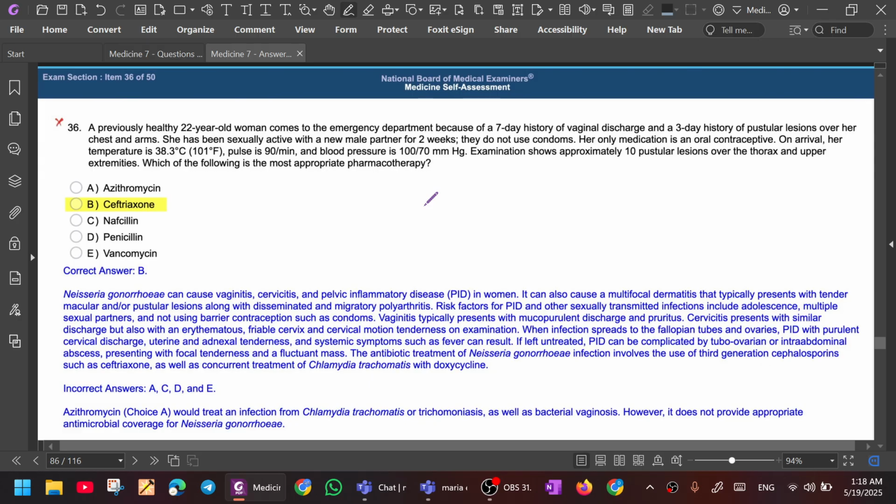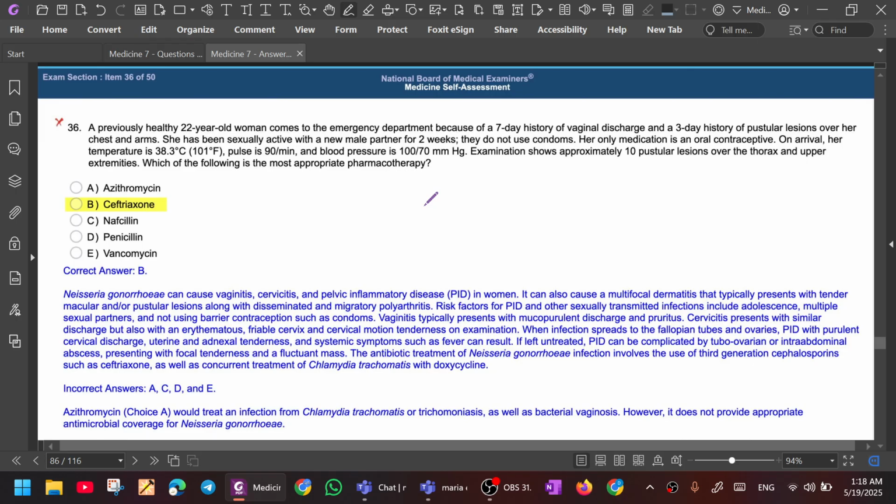If left untreated, PID can be complicated by tubo-ovarian or intra-abdominal abscess presenting with focal tenderness and a fluctuant mass. The antibiotic treatment of Neisseria gonorrhoeae infection involves the use of a third generation cephalosporin such as ceftriaxone, as well as concurrent treatment of Chlamydia trachomatis with doxycycline.